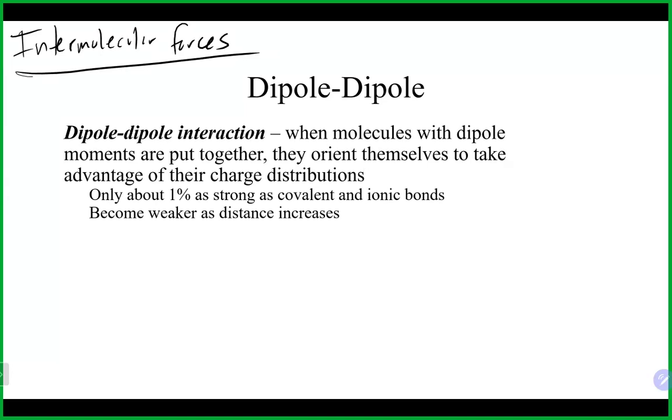And by the way, I should mention this as well. All intermolecular forces basically work on a very simple principle: they work by positive and negative attraction. So the positive side of one molecule is attracted to the negative side of another. That is essentially how every different type of intermolecular force works.